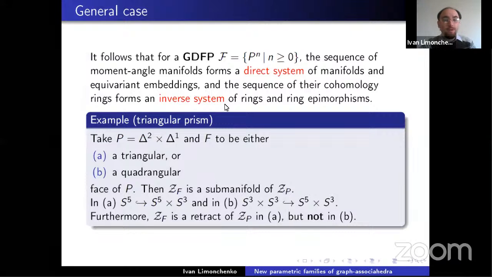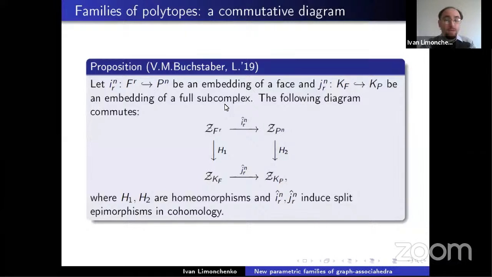Now, if you have a flag simple polytope P, then these conditions are satisfied because each nerve complex of each face is a full subcomplex. You can easily check it.